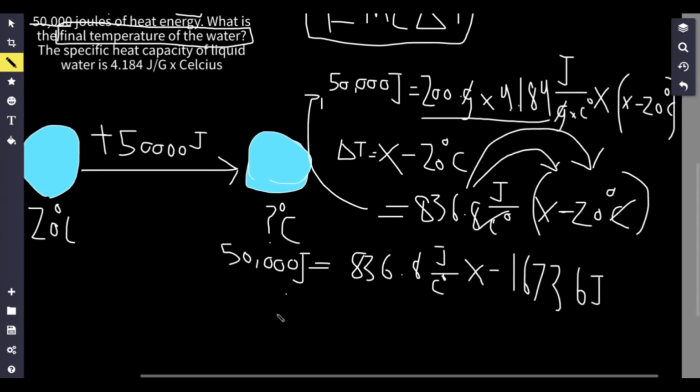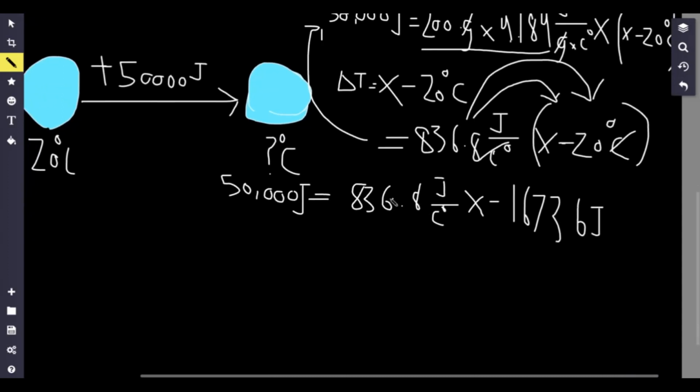Now, what we want to do is isolate our X, right? We want to isolate this part of our equation. So what we do is we add this part on both sides.